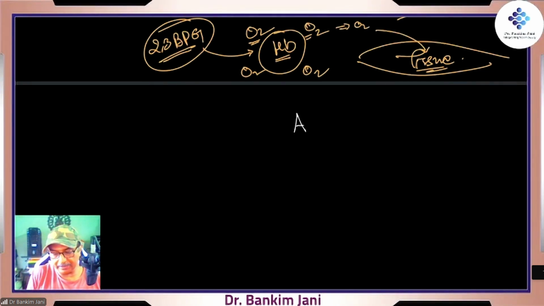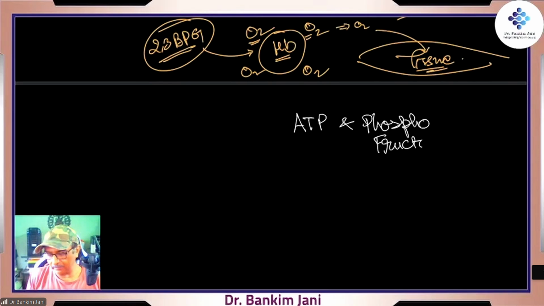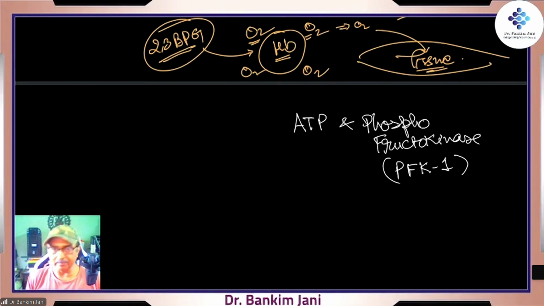We'll study this in biochemistry, but it is between ATP and an enzyme called phosphofructokinase, also called PFK. To be specific there are two types. So this is ATP and phosphofructokinase.